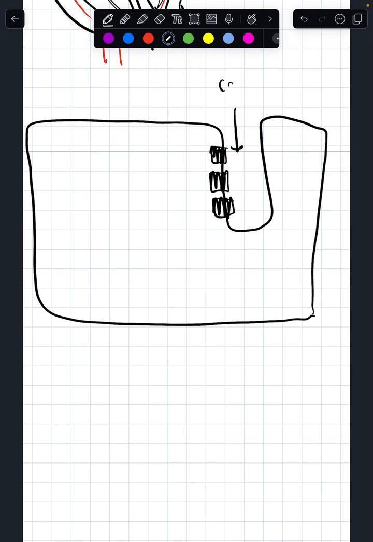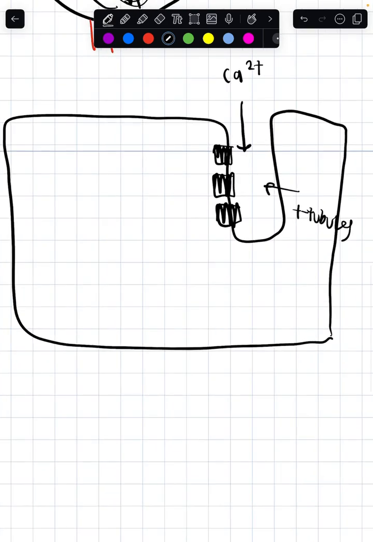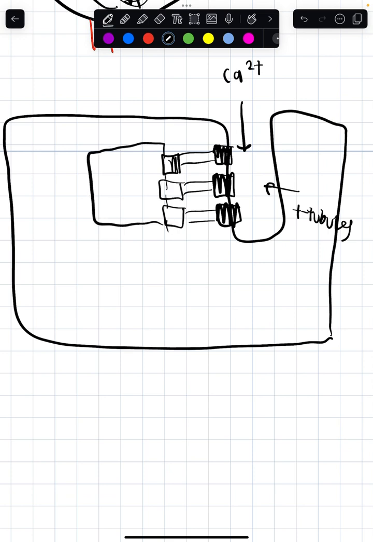So calcium enters into something called the T-tubules, which act as holding slots for your calcium. These are your L-type receptors. They have affinity, meaning they like to bond to calcium. And so what happens is this calcium binds, and then it activates your ryanodine receptors, which lay on your sarcoplasmic reticulum inside of the cell.